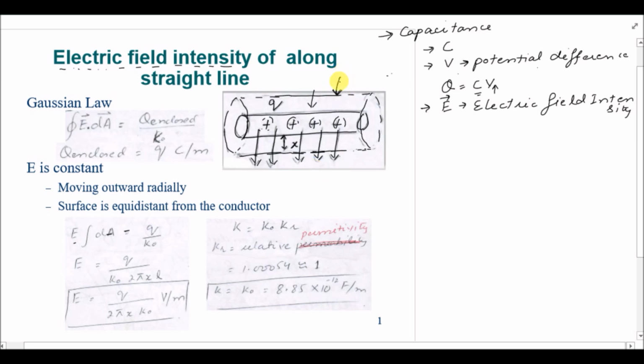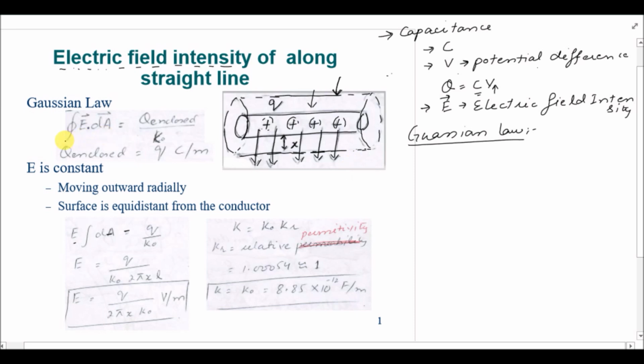This is a Gaussian surface, which is defined based on Gauss's law, and Gauss's law states that the total charge enclosed in a surface is proportional to the flux through the surface. So the flux through that surface gives you the idea of how much charge is enclosed by that surface, and the surface is known as the Gaussian surface.